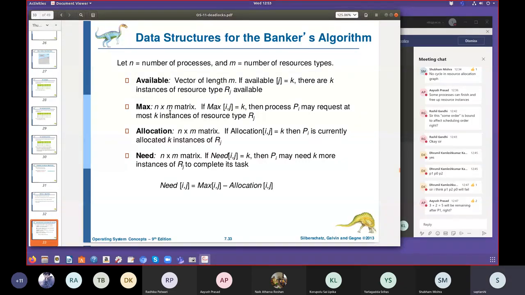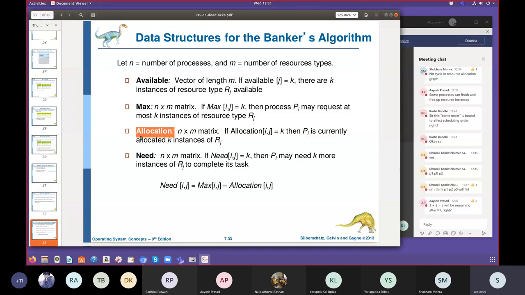Right. So this goes back to that assumption of Banker's algorithm that every process must declare a priori how many instances of which resource it can ask for. That is stored in the max matrix, an n cross m matrix. Similarly, there is another n cross m matrix called allocation.